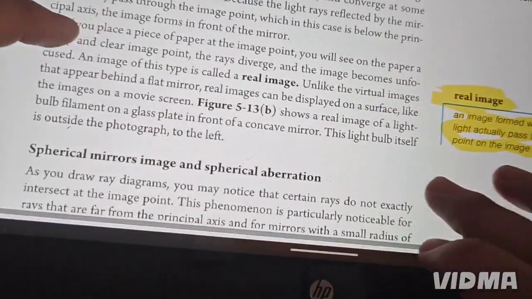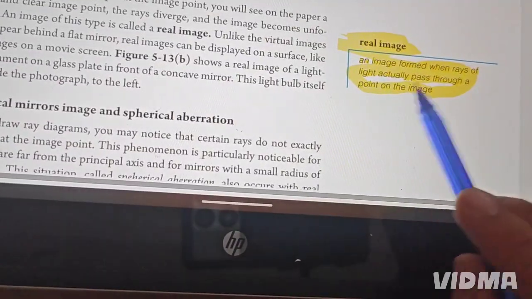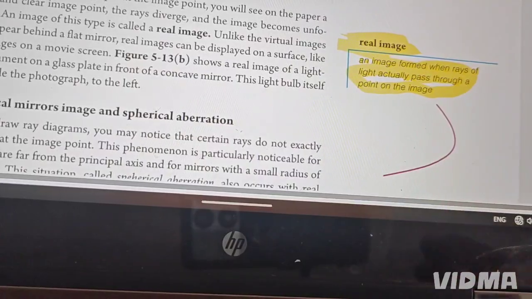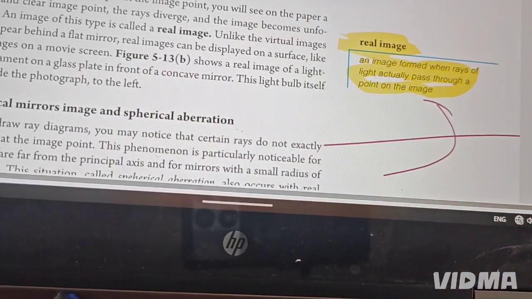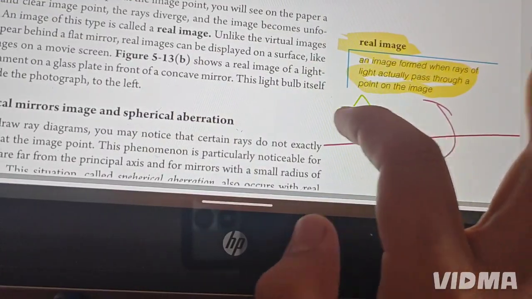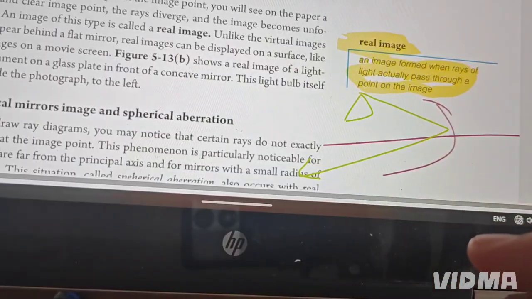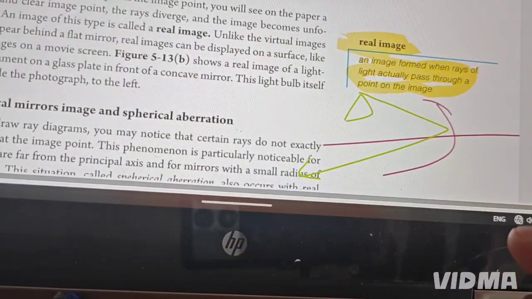Then there's the definition of real image. We said an image is formed when rays of the light actually pass through the image. As I told you, for example, this is the concave spherical mirror, and this is the object. Light came out from this object and is going to be reflected back in that direction, and this is the second ray.